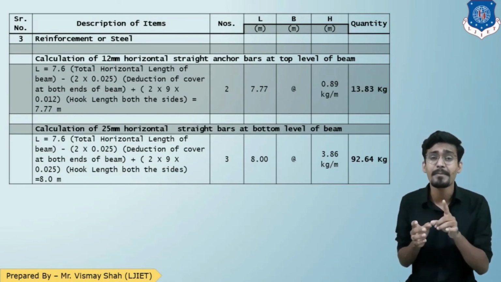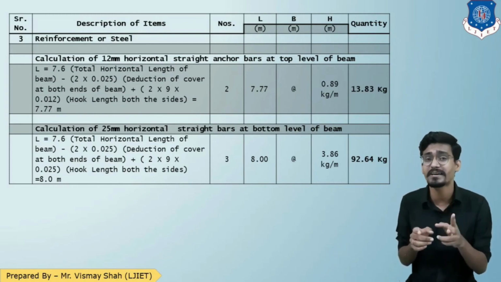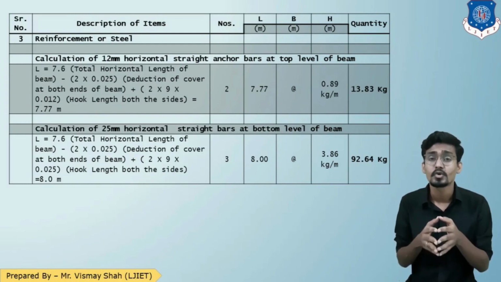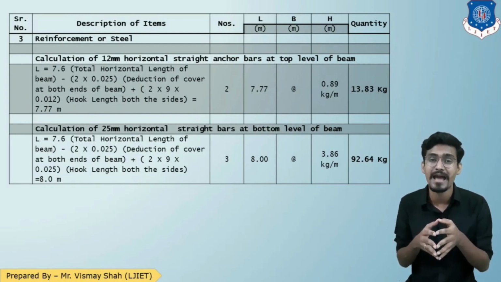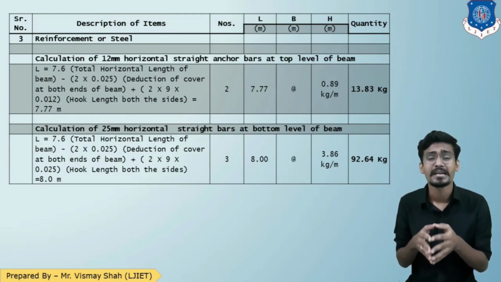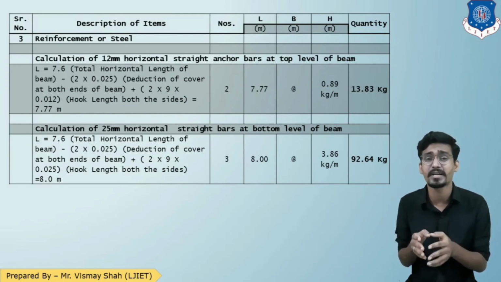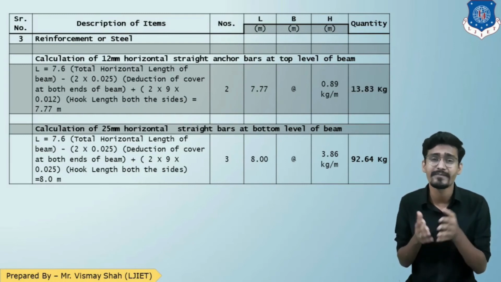Cover was 50 mm all around. That means total cover is 50, so both the ends 25 mm, plus 2 times the 9D. Here D is the diameter, that is 12 mm. So we'll get the length as 7.77 meter.